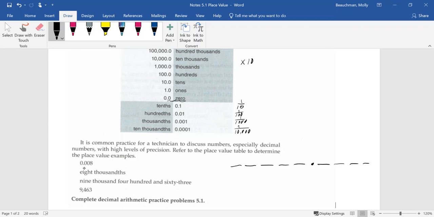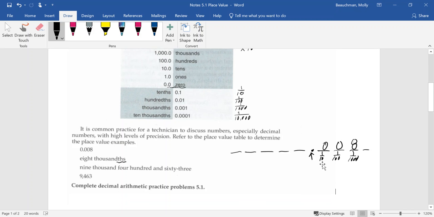We have the number 0.008, here's our decimal point, 008. Numbers to the right of the decimal point are divided by 10 each time. That's 1/10th, 1/100th, 1/1000th. So that decimal number would be 8 thousandths. Remember to put the th on the end.